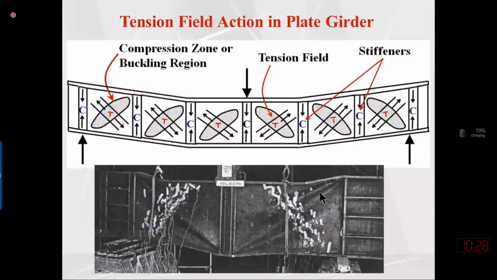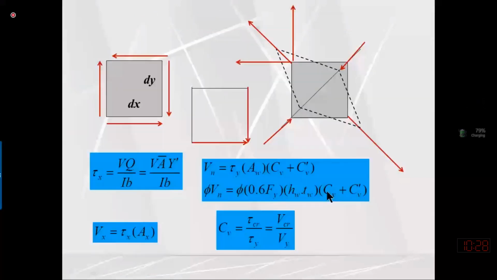And CV prime is the factor which lets us know the improvement of shear strength by providing intermediate stiffeners, or increase in shear strength of the web due to provision of intermediate stiffeners, and how we are having extra strength available due to the stiffeners we shall discuss in today's lecture.